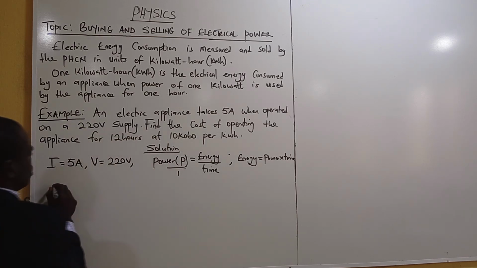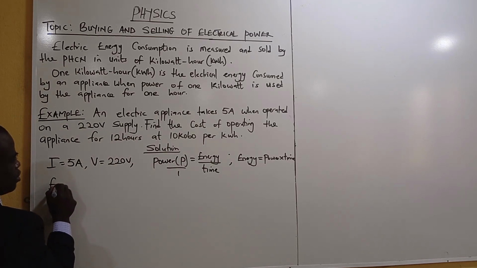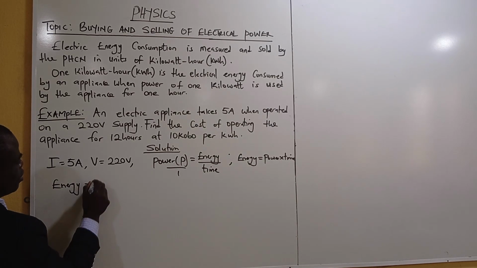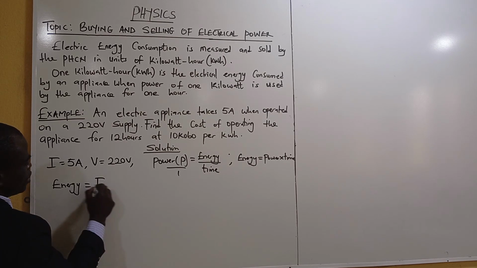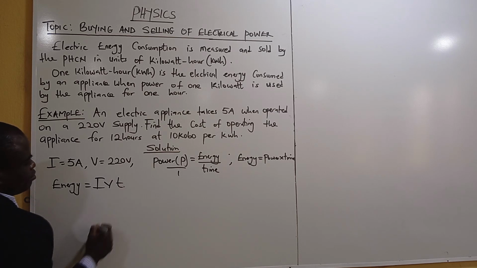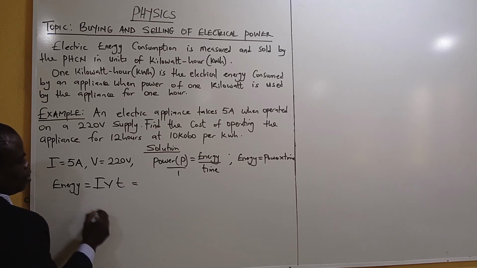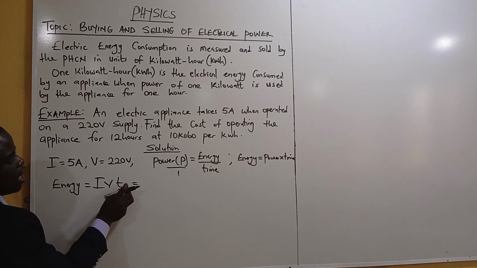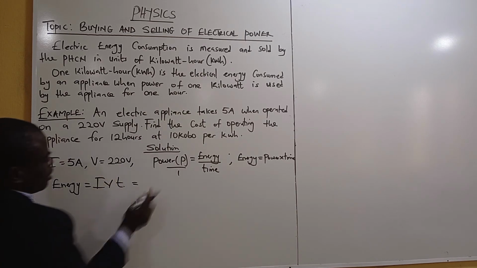Now you have your power to be IV, so instead of writing power, you can put IV, current and voltage. Energy equals IV multiplied by time. Don't forget that power is in watts, time is in hours. We are working based on hour.